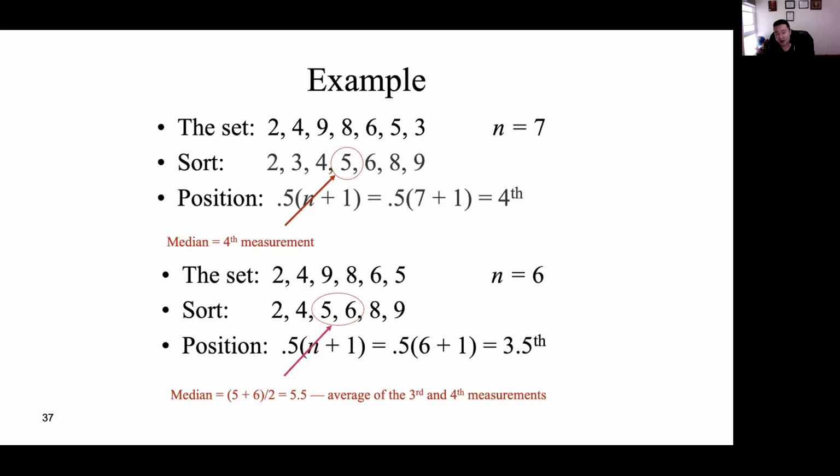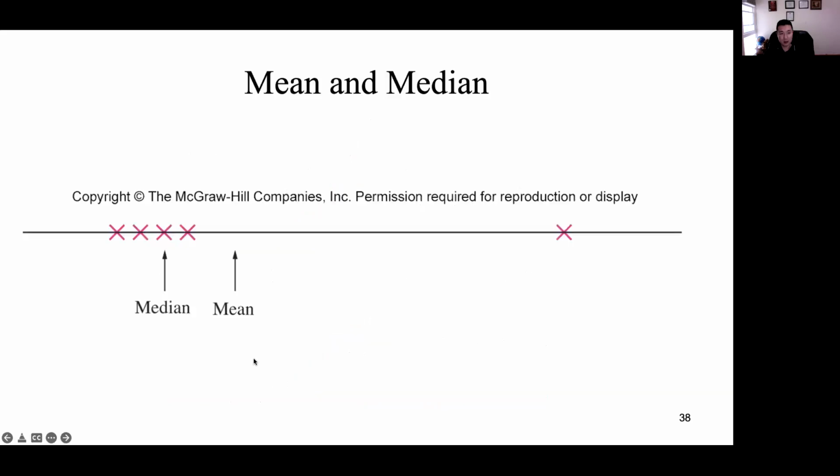So the median and the mean are similar, but not the same. In this example, we have totally 5 sample items, and one of them is an outlier. The median will be the third sample item, which is here.